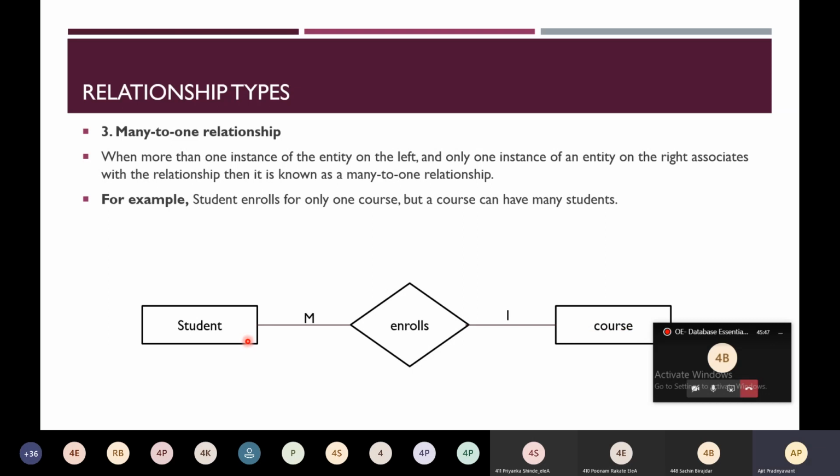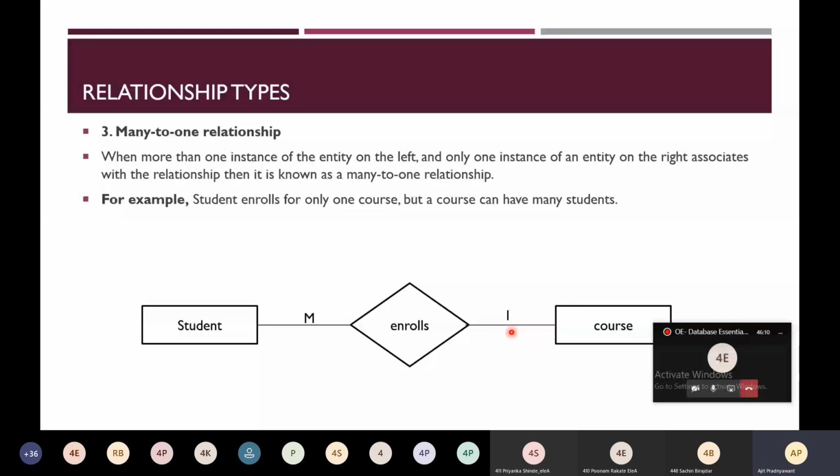So this one course may have many students, and we can say it like this also: many students enroll for one course.